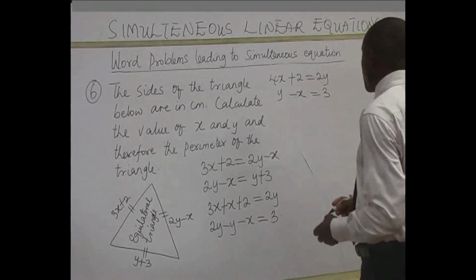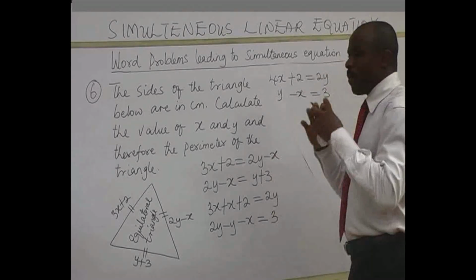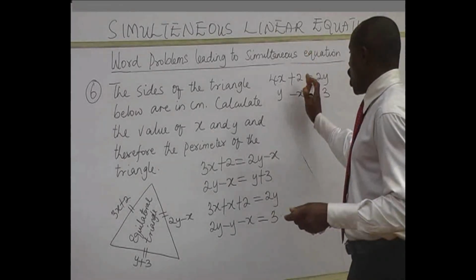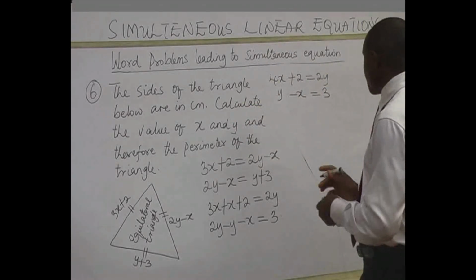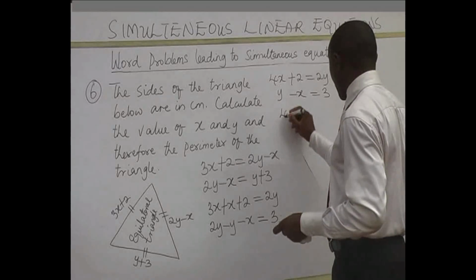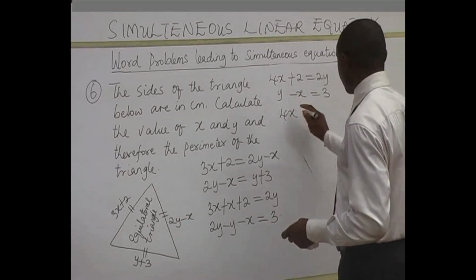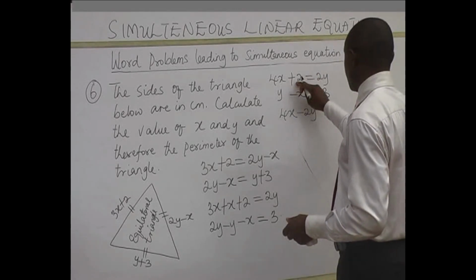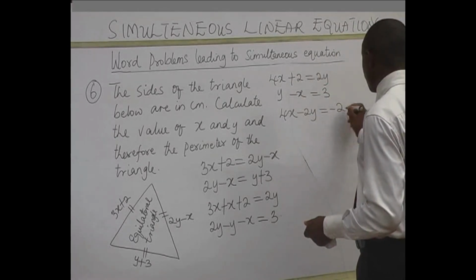The next thing we are going to do is to rewrite this in a better form of simultaneous equation, where the unknowns will be in the left and the known will be at the right. So we are going to have 4x, we are bringing 2y to this side, change to minus 2y, then we are taking plus 2 to that side, change to minus 2.